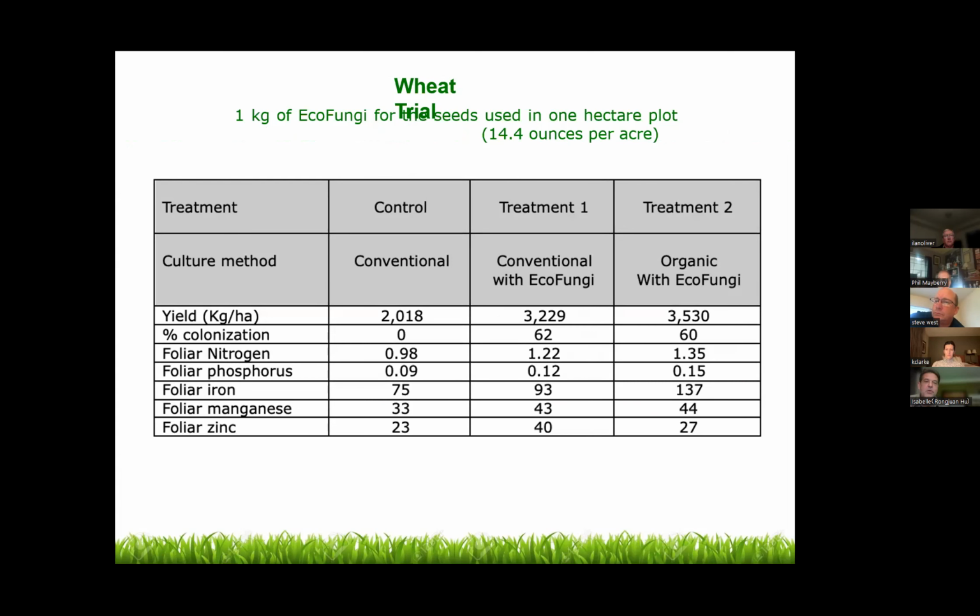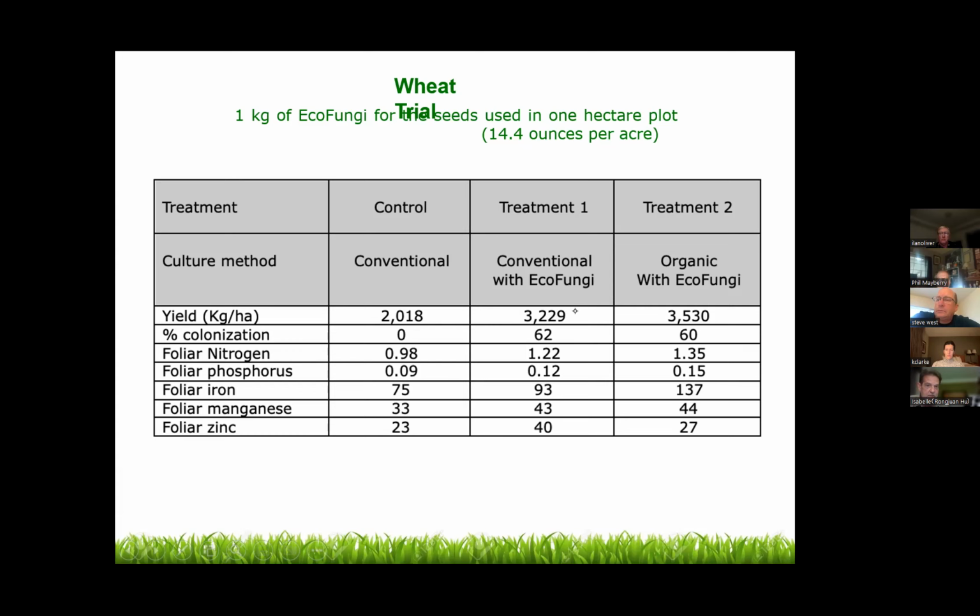One of the things I like to look a lot at is the nutritional quality of the food that we are producing. And this is a very good trial, very good data on wheat. You can see the control was completely conventional. We got 2 tons per hectare. We did another treatment, same conventional, same chemicals, but we added the mycorrhiza. And we got obviously more colonization of mycorrhiza.